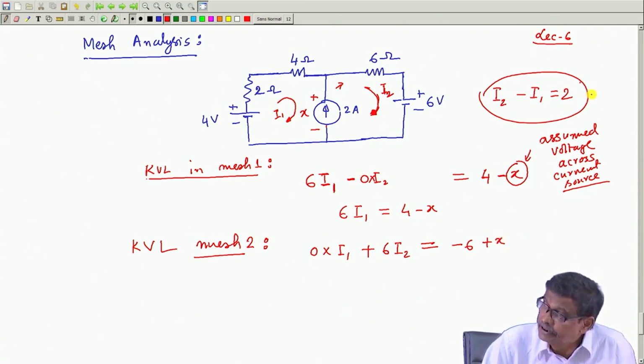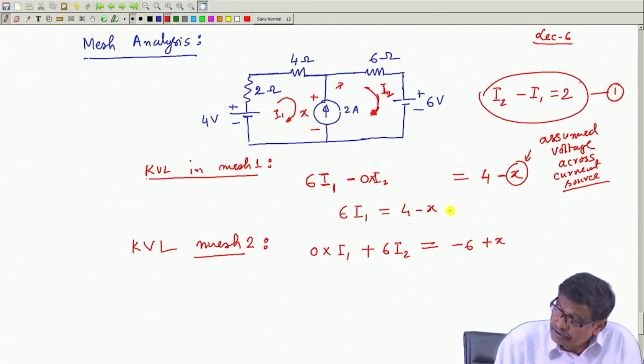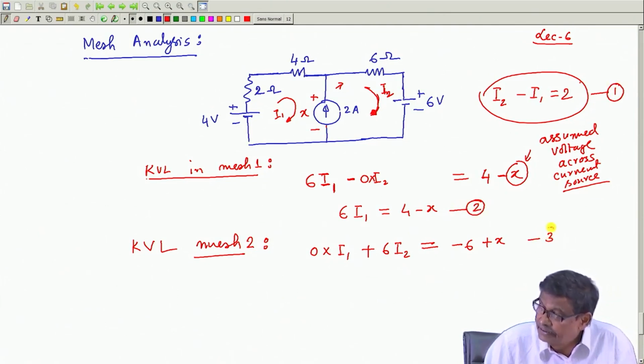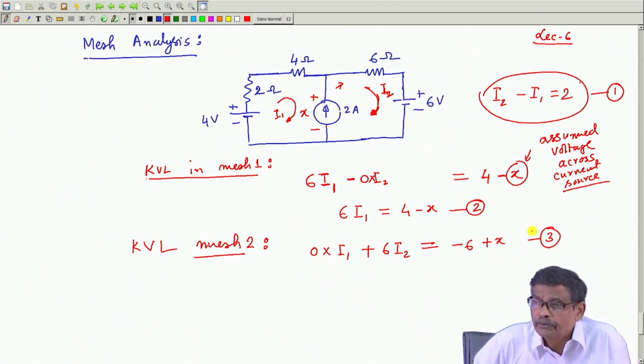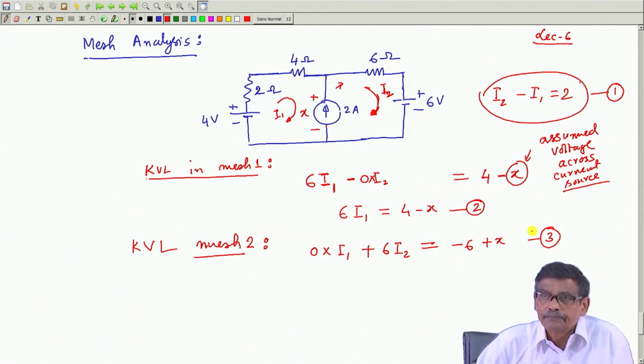So, this equation was equation 1, this equation was equation 2, and this is equation 3, and nothing is to be worried about. So, 3 unknowns, 3 equations.